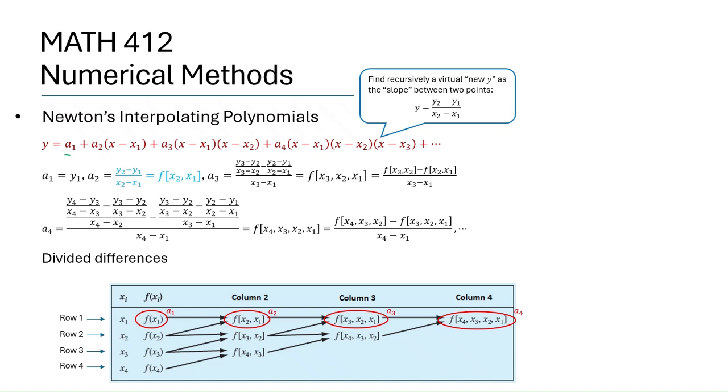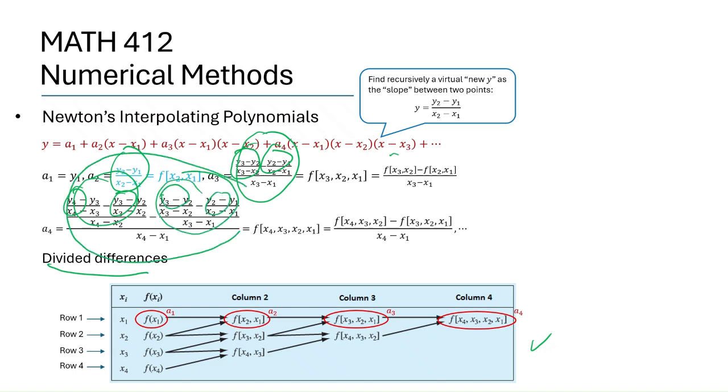all the coefficients a sub 1, a sub 2, a sub 3, a sub 4, how to find them. And always imagine you have such a table. You find the divided difference, and divided difference, and their divided difference.